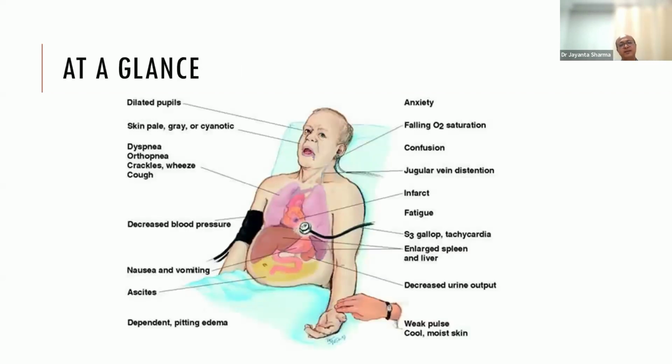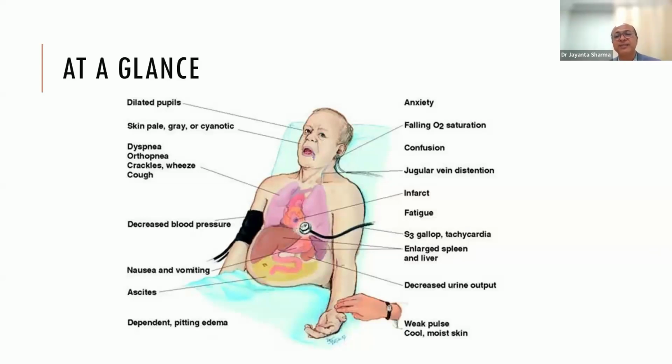So at a glance, this is the typical presentation of any elderly patient with heart failure whenever we are seeing them inside the ICU. The patient is in the bed, at either a 45 degree, 60 degree or 90 degree position. From head to toe, what will we see? The raised JVP, and in the chest there may be bilateral congestion.